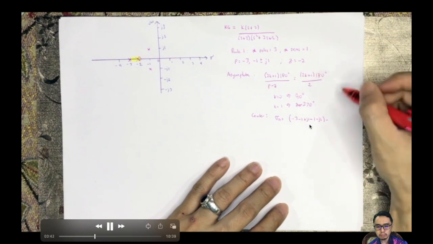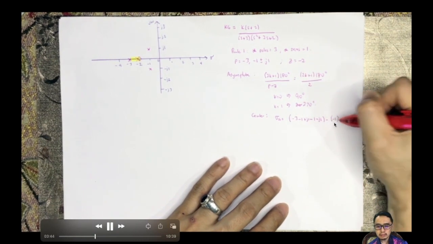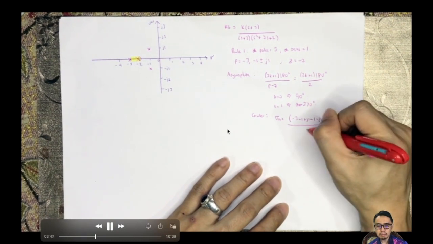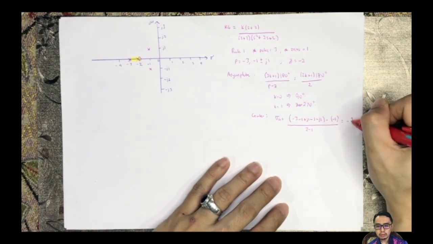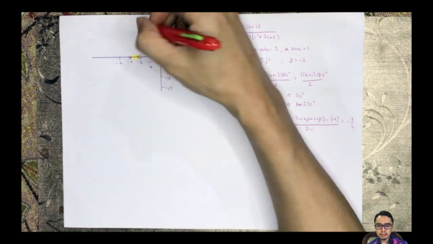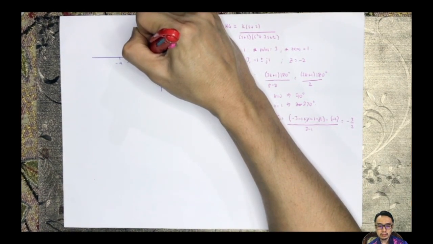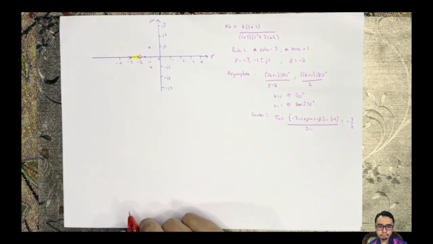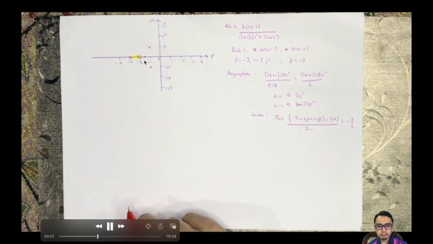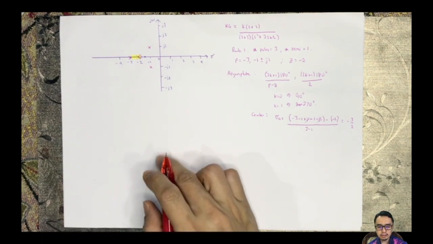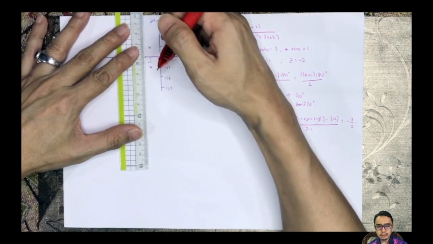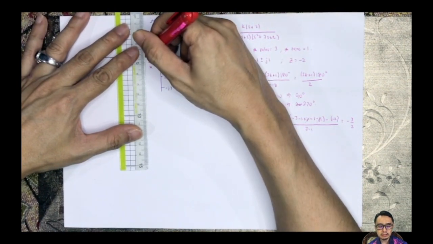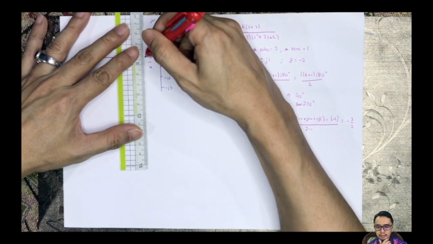So you add all the poles minus the zeros, divided by the number of poles minus the number of zeros. This will give you the center of the asymptote, at minus 1.5. So you can mark the center of the asymptote, and then you can start sketching the asymptote, angle 90 degrees and 270 degrees. That's basically a straight line at that particular point.